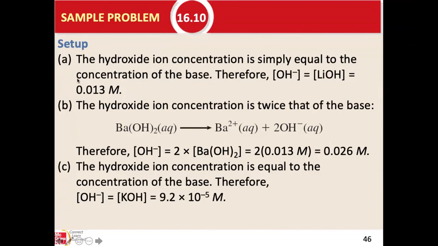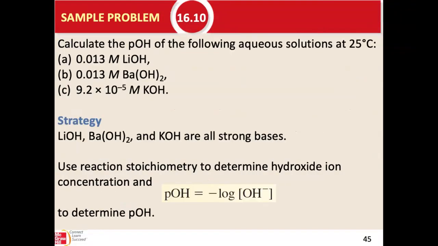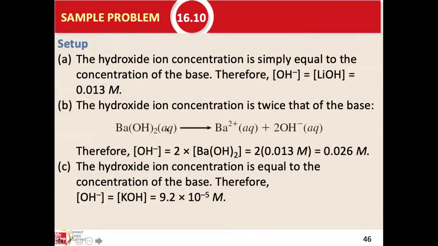So for the A, the concentration of the hydroxide is 0.013 molar. For the barium hydroxide, if I go back here, the barium hydroxide concentration is 0.013 molar. But if you look at the formula, barium hydroxide makes one barium ion and two hydroxide ions. Therefore, the concentration of the hydroxide ion is twice the concentration of the barium hydroxide, so we have to multiply it by 2.